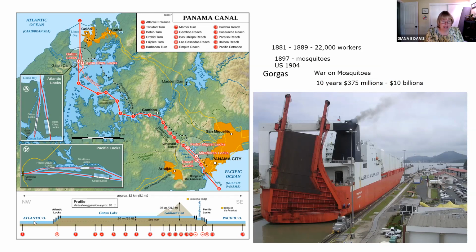So you take a ship and get it in this lock and raise the water level, and then it goes into the next lock and you raise the water level. Next lock, raise the water level in the lock, and then it's at the level of the canal. And you have to do the opposite on the other side. So seriously amazing engineering.